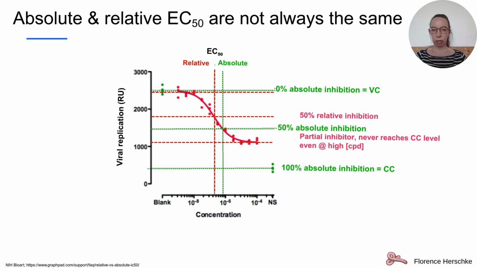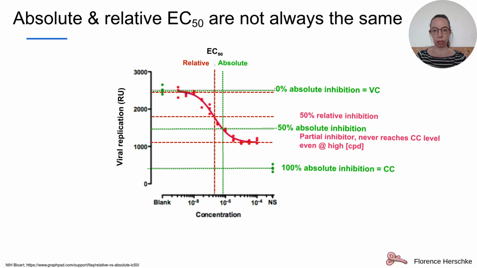Now moving to the relative EC50, please look at the red text boxes and lines. You will appreciate that this compound dilution series never reaches the CC values and the 100% absolute inhibition. It is probably a partial inhibitor, but to calculate the relative EC50, this does not matter.